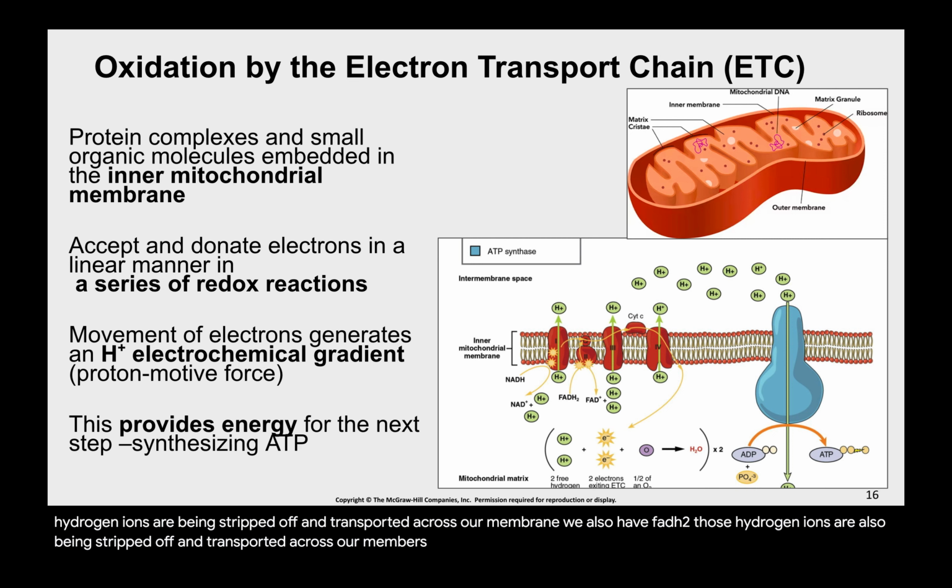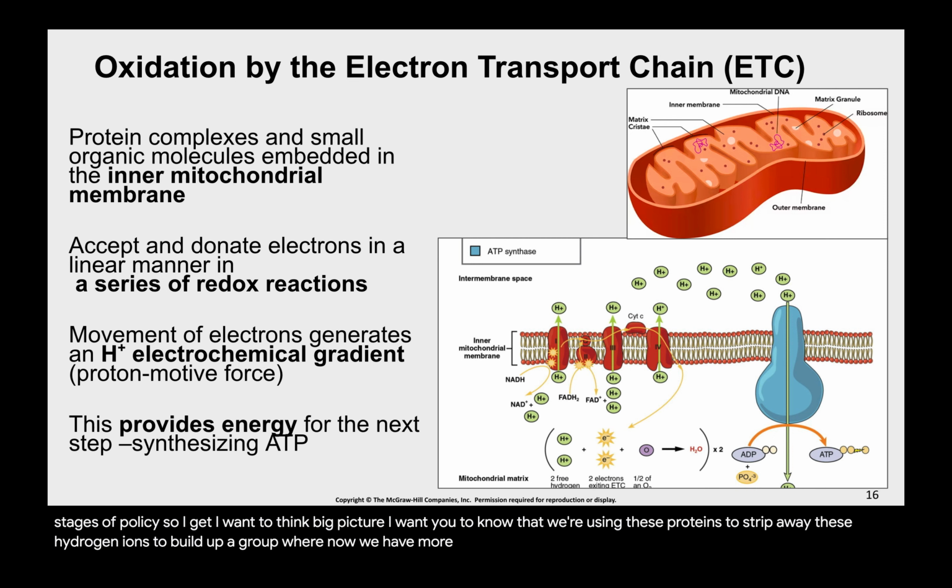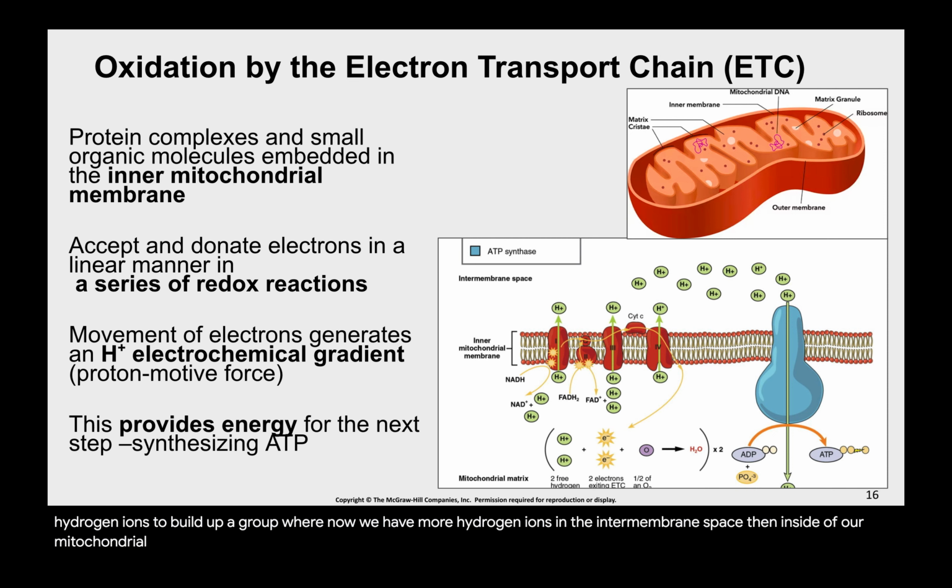Now, I don't feel like it's important in Bio 101 for you to memorize all the different protein complexes and the very intricate stages of how this happens. So again, I want you to think big picture. I want you to know that we're using these proteins to strip away these hydrogen ions to build up a gradient, where now we have more hydrogen ions in the intermembrane space than inside of our mitochondrial matrix.